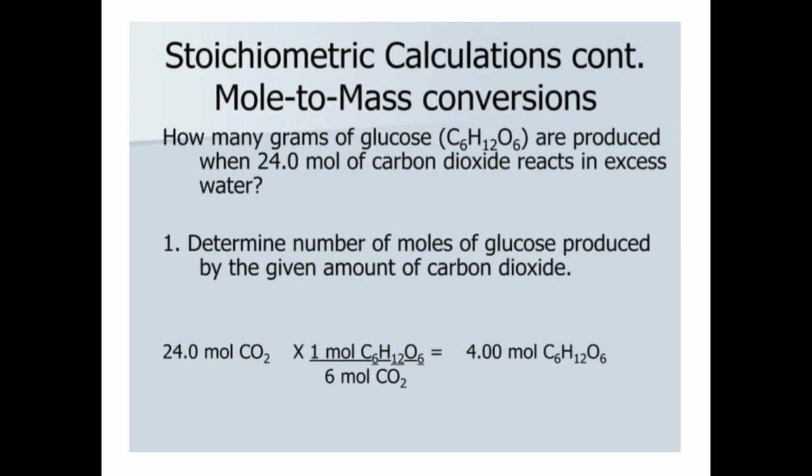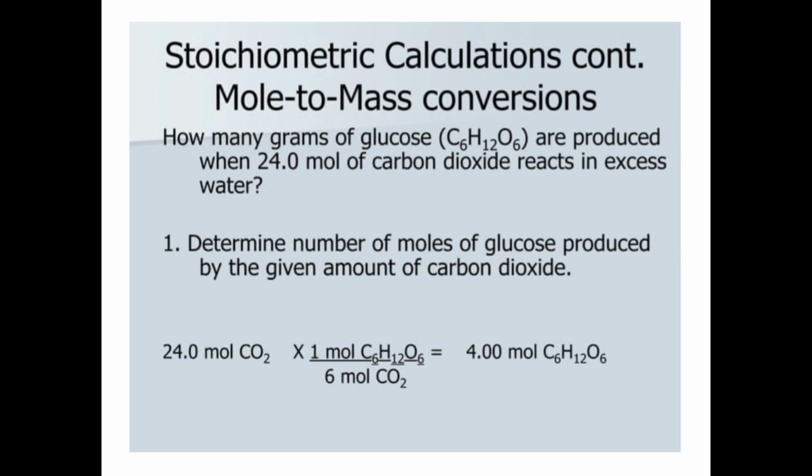Because the major relationship there is between CO2 and glucose, you can say stoichiometrically 6 mole of CO2 produce 1 mole of glucose. Then 24 mole of CO2 will produce X mole of glucose.